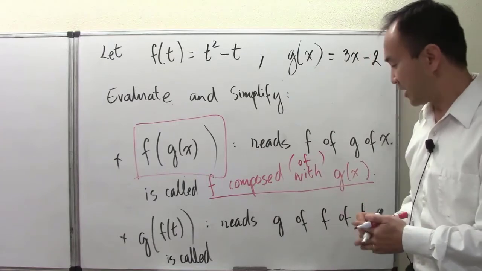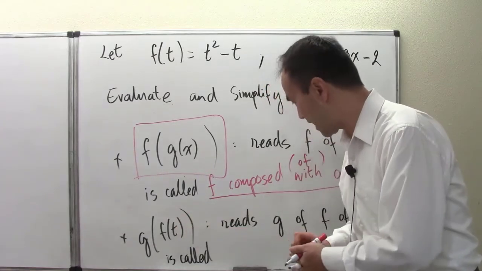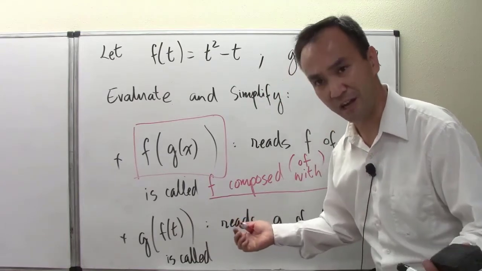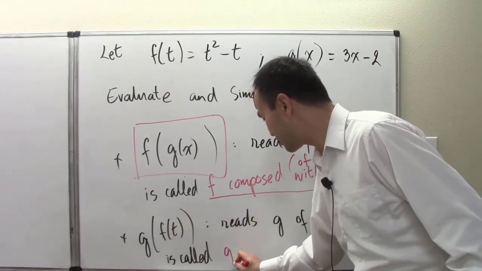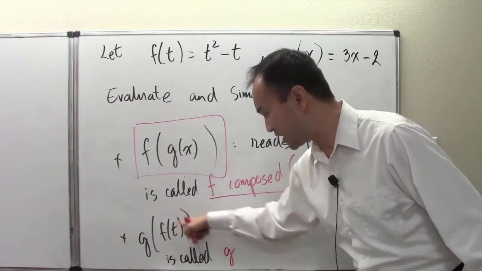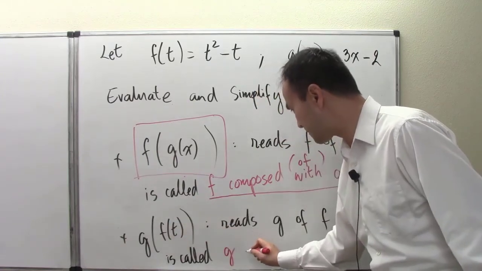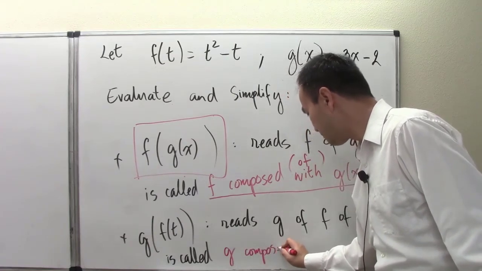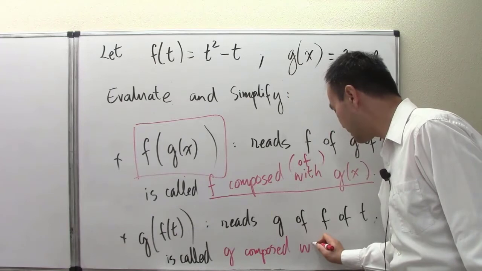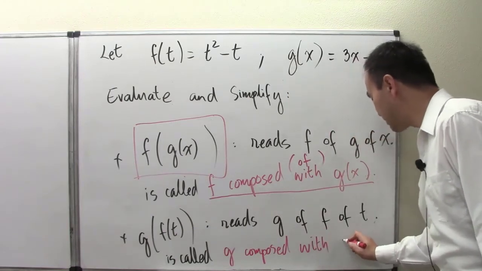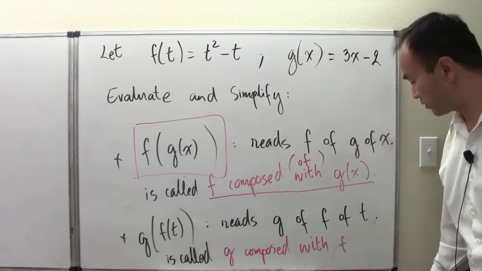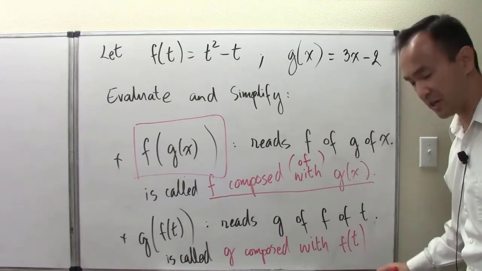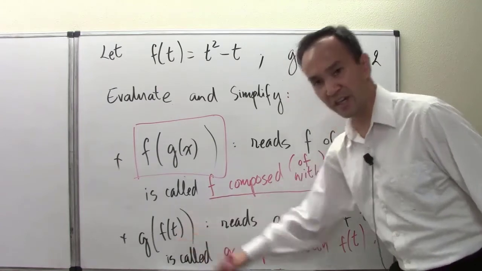Back to what I was saying. Now it's not f of, it's g of, right? When we're talking to somebody and mention the symbol, we say it's g composed with f, for short, or to be a little more specific, f of t, because of that t indication right there.